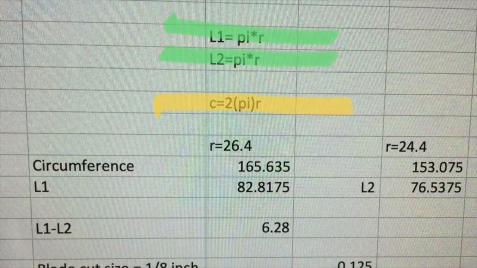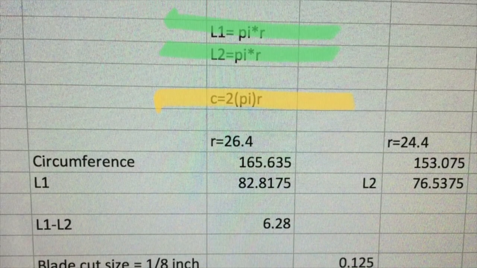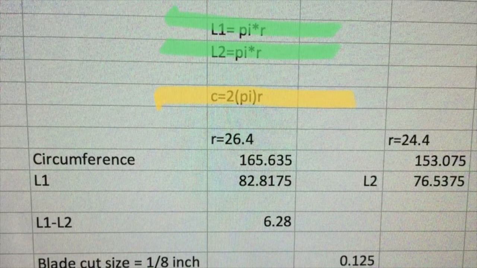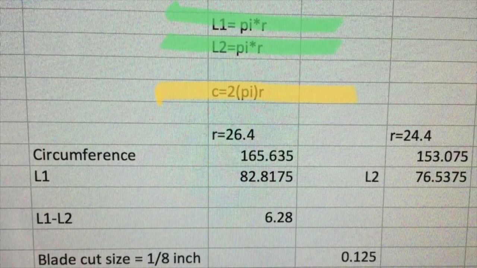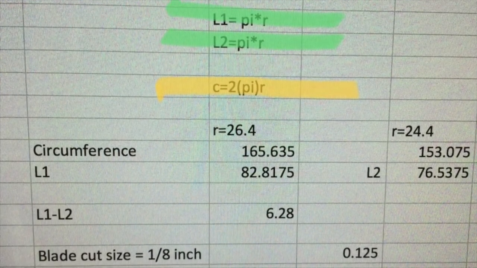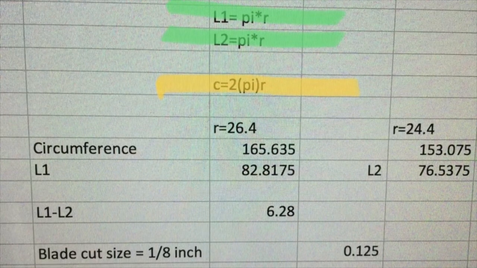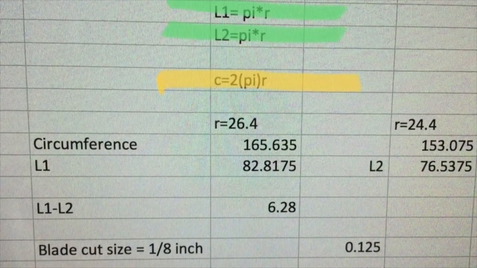You can see here that I've highlighted L1 and L2. L1 is the length of the outside, L2 is the length of the inside of the arch. Because we are calculating an arch and not a circle, it's not necessary to multiply each of them by 2.